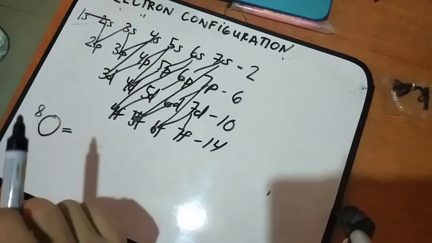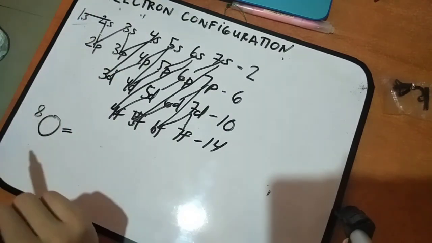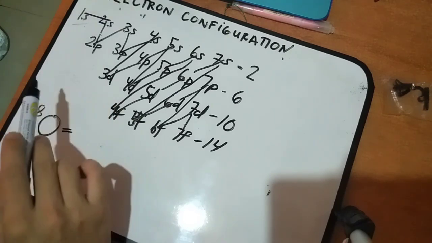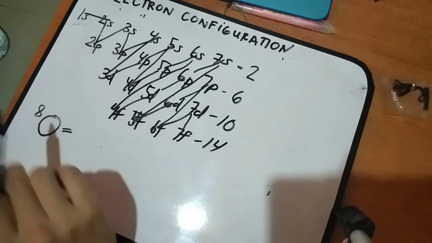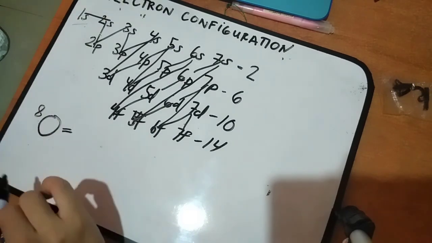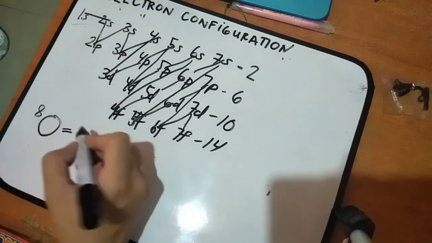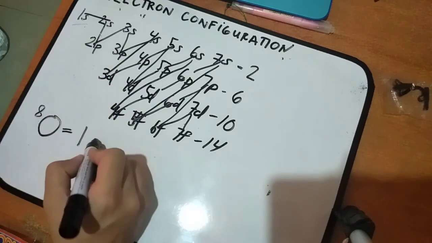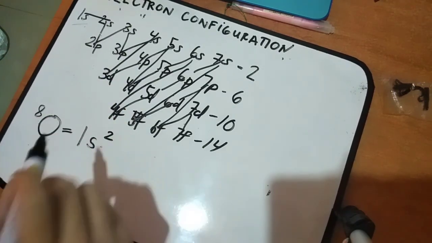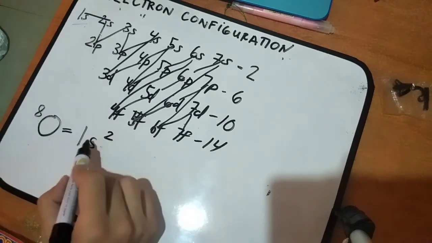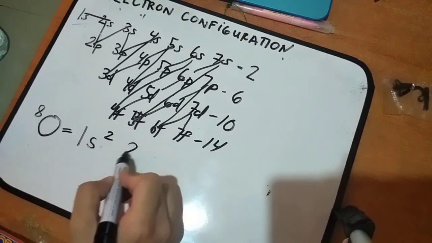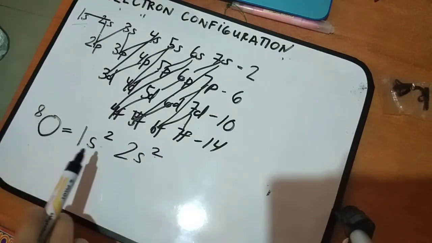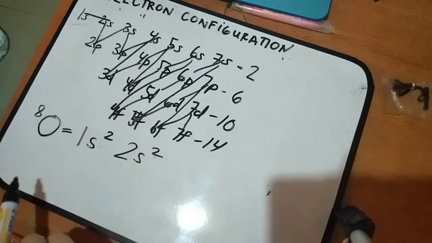So, sabi nga, you could not go to another energy level unless it is filled. So, S again, maximum 2. So, unahin natin siya as 1s2. So, next is 2s2. So, we already have 4 electrons already.